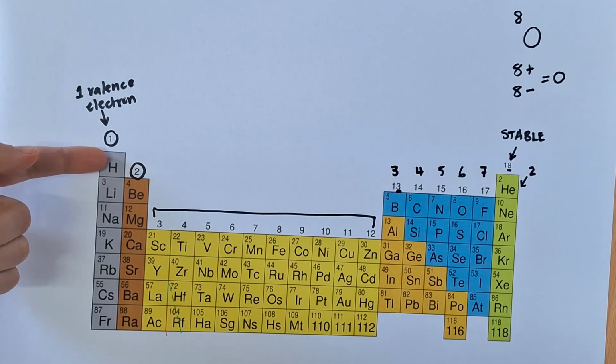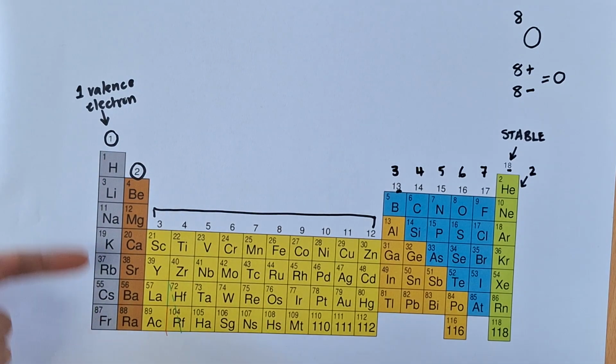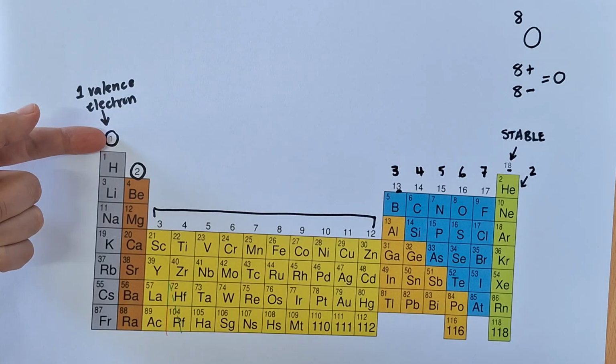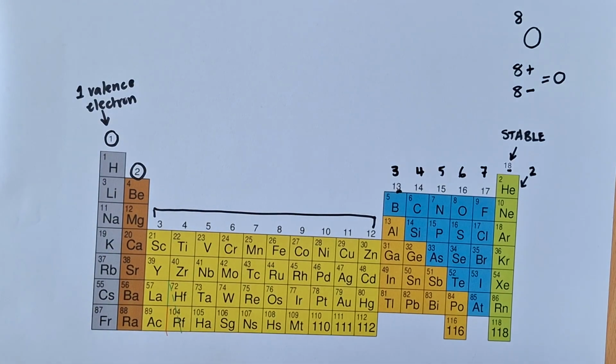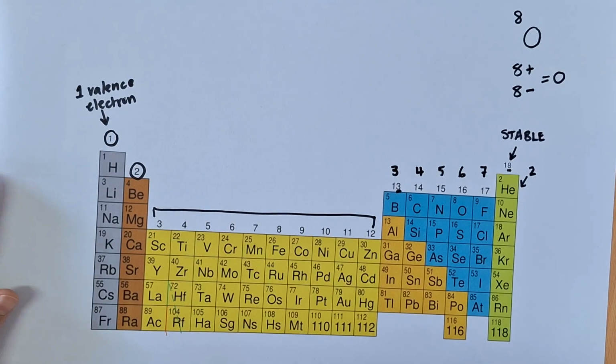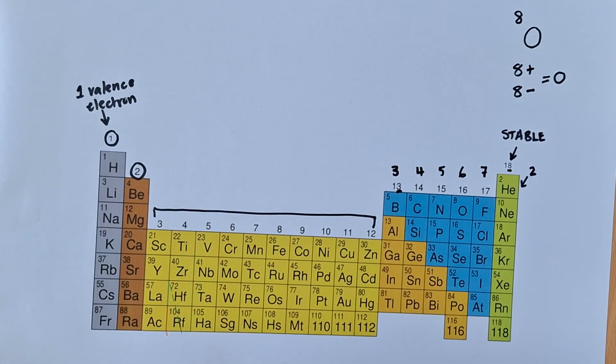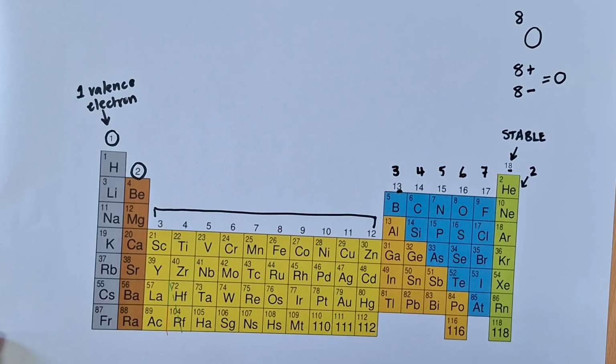So, all of these elements in group 1, with their 1 electron in their final shell, have an option. They can either get rid of that 1 electron, and they can go back to their last full shell, the previous shell before their outer one. Or they could pick up 7 more electrons and try and fill up that outer shell to 8.